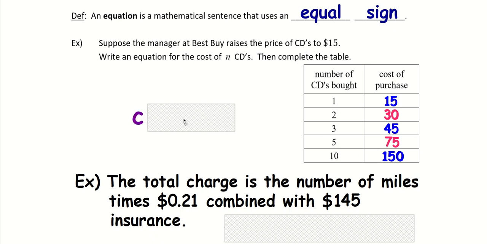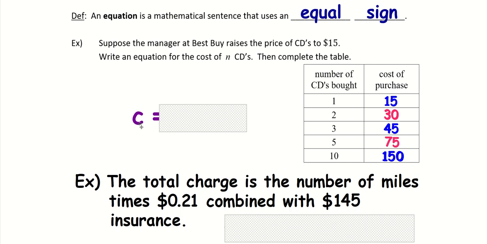Something to reveal right away is there's going to be another variable in this equation. We're going to say C represents the cost.